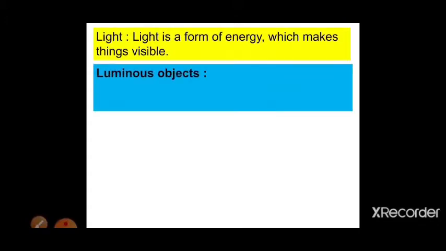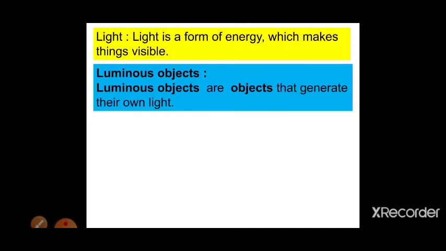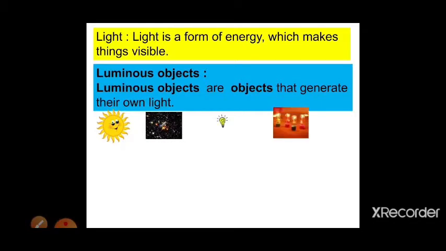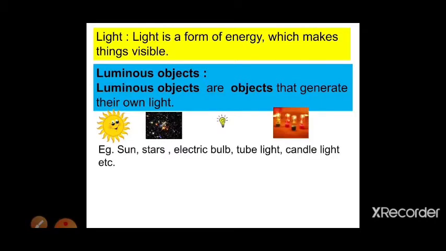These are called luminous objects. Luminous objects means they generate the light themselves. Sun, stars, bulb, candle, these are the different examples of luminous objects. Luminous objects only have their own light.